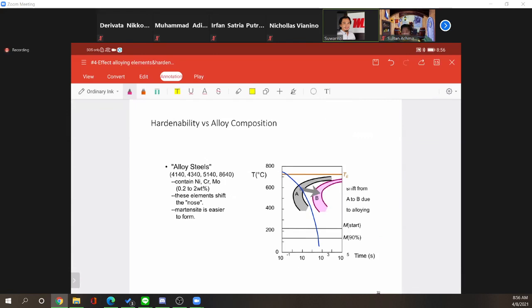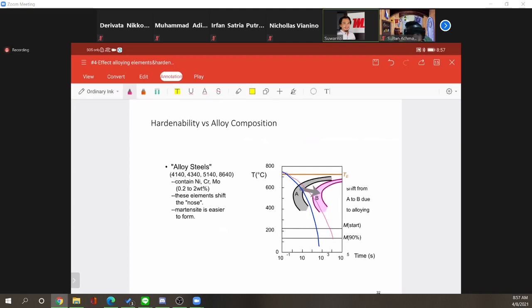Of course, then you can use similar logic. If you add alloying element, then of course it goes to the right, which means that higher amounts of alloying elements make it easier for you to be hardened. Why is it? It's familiar. If you put another cooling curve here, then still you have some martensite, right?